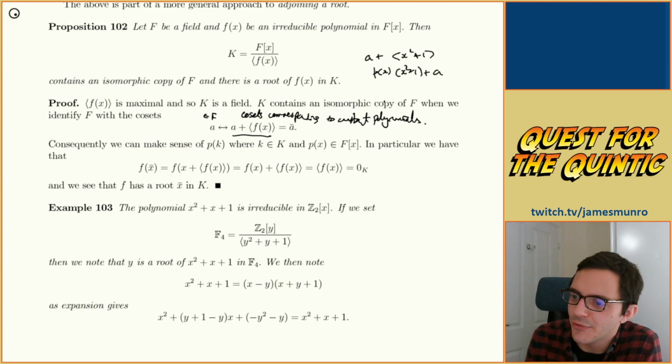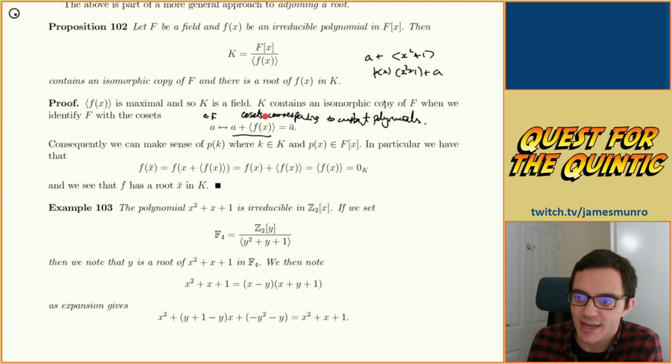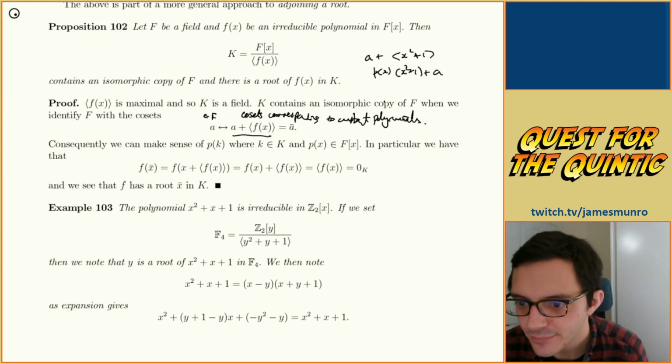So it contains loads of extra stuff. So you kind of have to add on this plus stuff generated by f of x. So that's just what things inside K look like. But we've chosen to look at here constant polynomial on the left, element of F on the right, constant polynomial. Those things are the same shape. All fine.